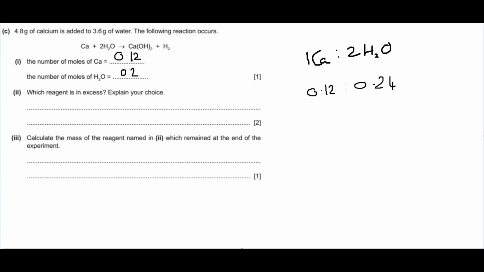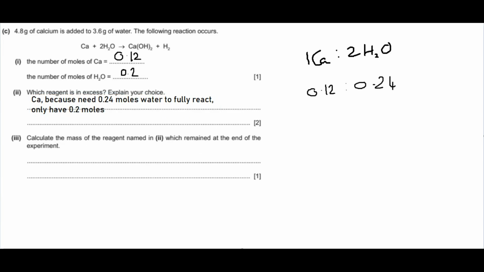So that means my answer for which reagent is in excess is calcium. And the reason is because you need 0.24 moles of water to fully react, and you only have 0.2 moles. So that's how you would work out which one is in excess.